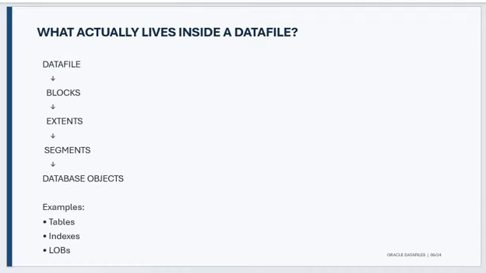Those blocks are then used by higher-level structures. Tables use storage, indexes use storage, and other Oracle segments use storage. So conceptually, a data file contains blocks. Blocks make up extents, and extents make up segments. And segments represent objects such as tables and indexes. This connects the physical storage lecture with the logical storage lecture, which we already studied previously.